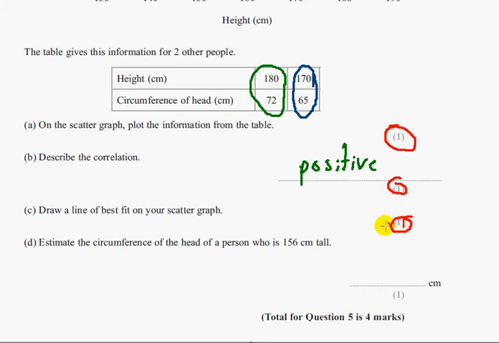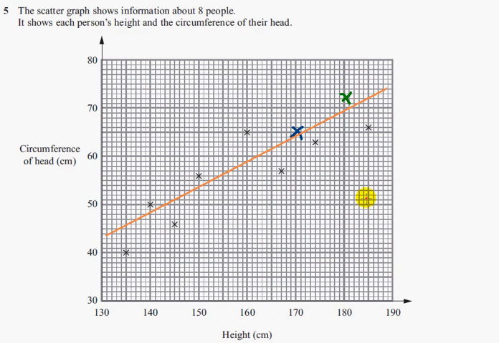Let's have a look at what the mark scheme says. The mark scheme says your line of best fit must be between the points 140 and 40. So 140 and 40 is there, and 140 and 55. So I'm safe.